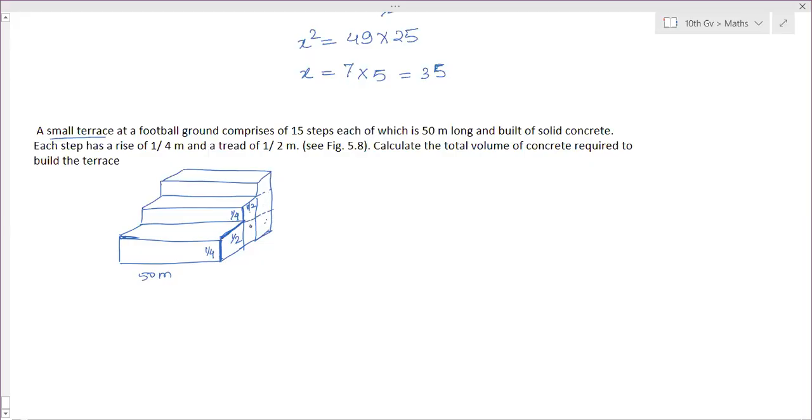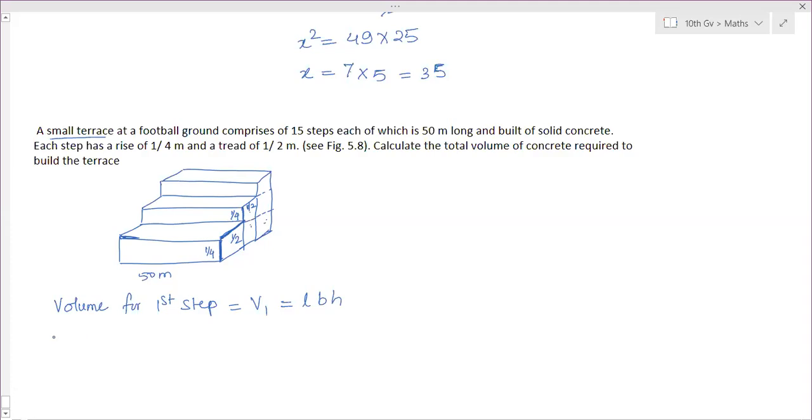So how much is the volume needed for the first step? The volume of concrete needed for making the first step, if we consider V1, is equal to LBH. We can consider the volume of the cuboid as LBH.